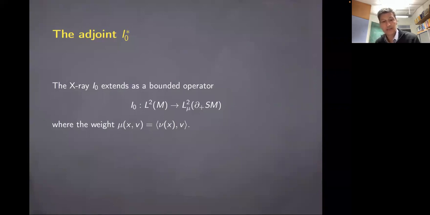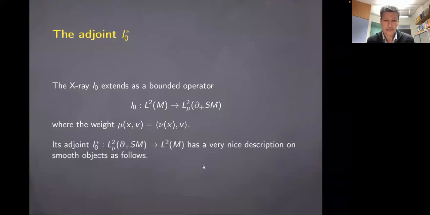I don't want to get into that, but that's a pretty canonical measure. As I said, it's not the only adjoint you can take, but this is the one we want to look at. And that adjoint I0 star has a very nice way of expressing it if you were to consider things in this infinity context.